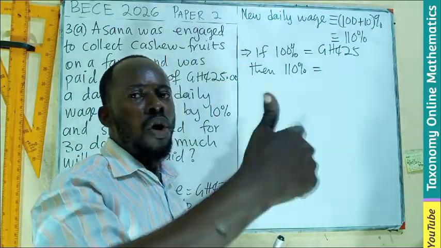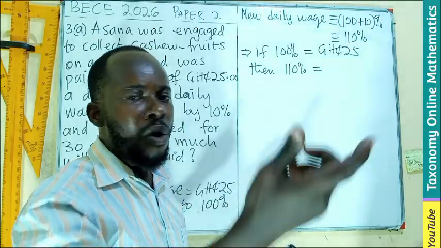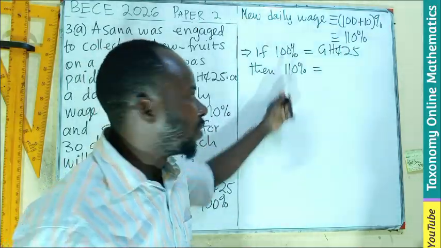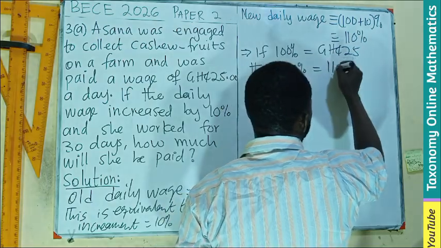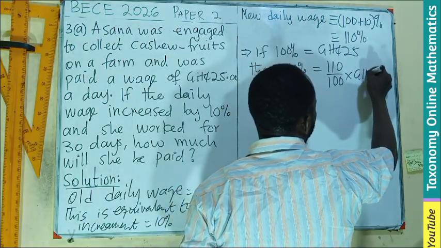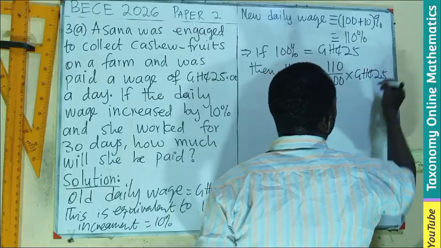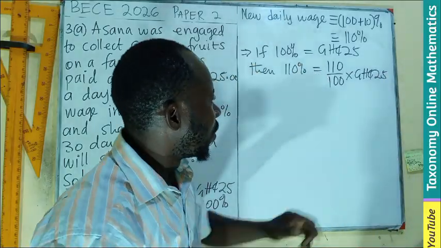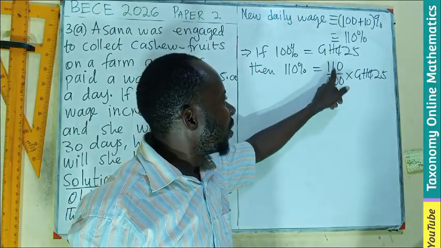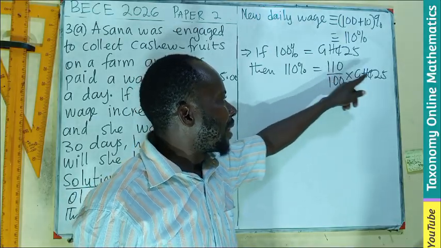Therefore, I'll get more than 25 cedis. So the more, less divide, between the percentage. Less is 100. So I'll have 110 divided by 100 times 25. So remember, this will cancel this. I'll be left with 11 times this.